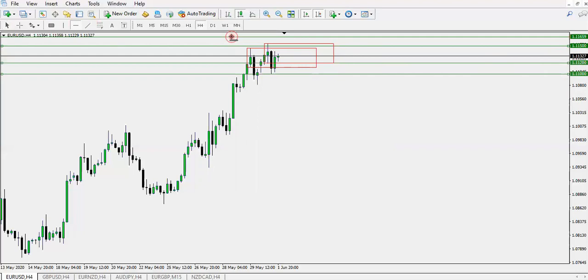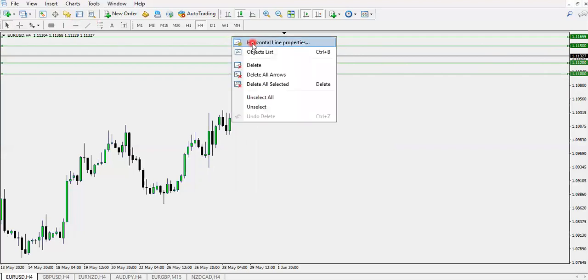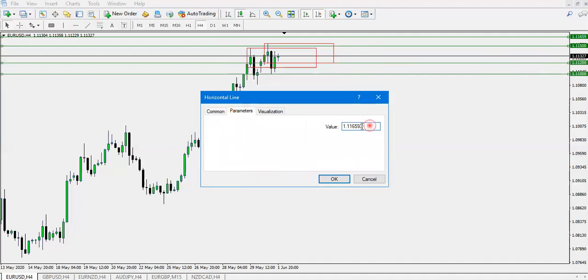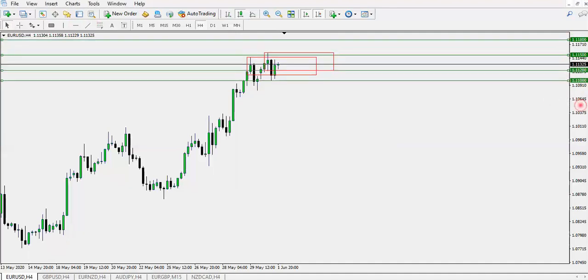Price has not yet gone to the 800 level, but if it has gone to the 800 level, we should expect to see some reaction off that zone.